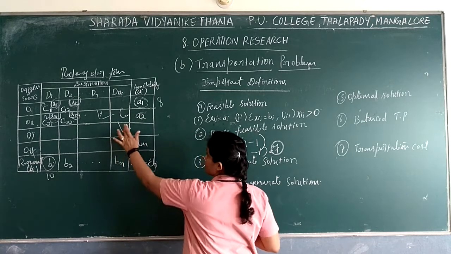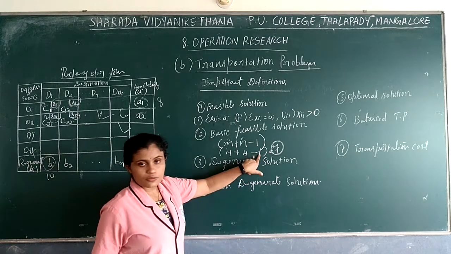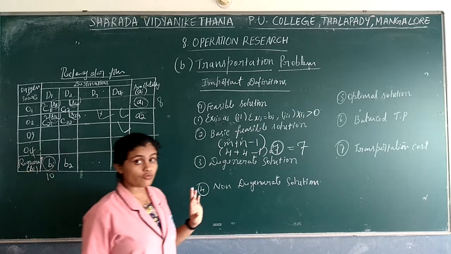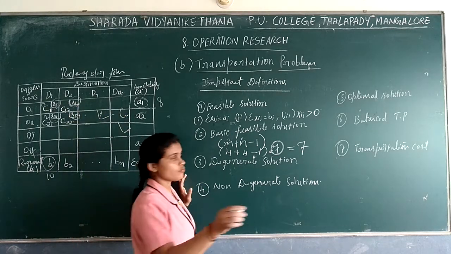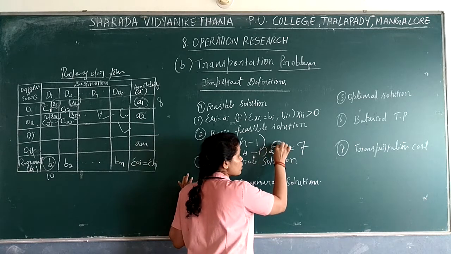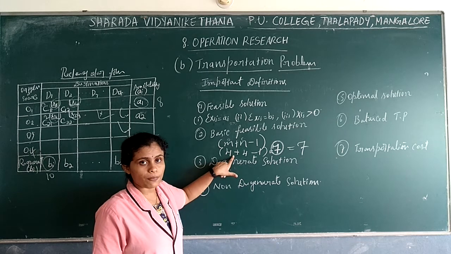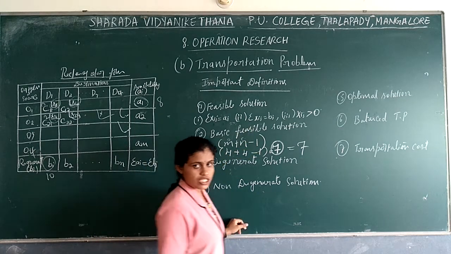Now total how many allocations? 1, 2, 3, 4, 5, 6, 7. Now, if this rule matches with the number of allocations, the number of non-zero allocations. See here, how many allocations? 7 allocations we have done, and if that allocation matches with this particular rule, m plus n minus 1, such kind of problem we call a basic feasible solution.